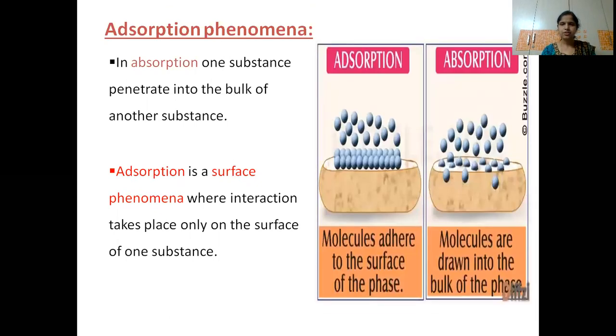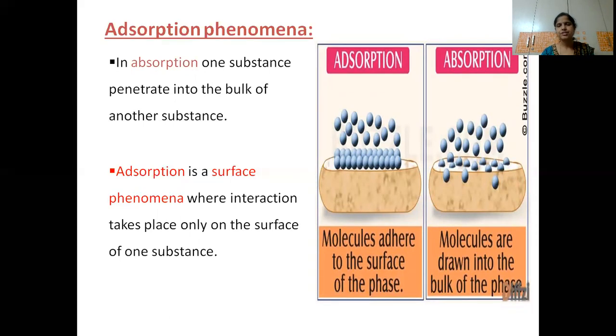Now in this picture, you can see the difference clearly. In adsorption, the molecules get adhered because of the interaction between the solvent molecules and the surface of the substance. The phenomenon is observed only on the surface. Because of van der Waals forces or hydrogen bonding, they stick onto the surface.